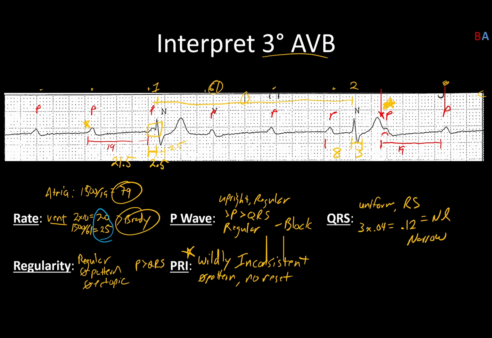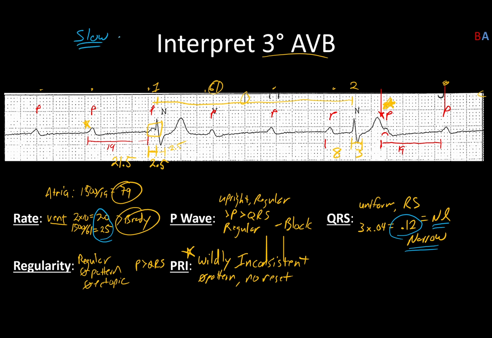But the QRS is right at 0.12. It's still technically normal and still technically a narrow QRS, even though it's a bit to the wider side. Ultimately, in terms of treating this patient, whether it's wide or narrow doesn't matter. The fact that it's slow is what matters the most.